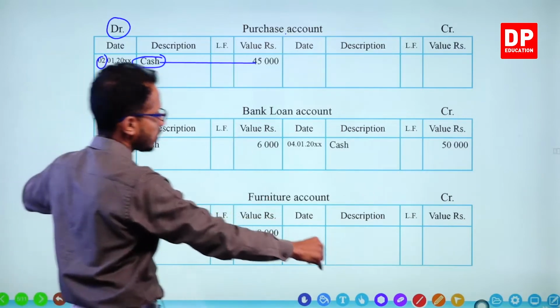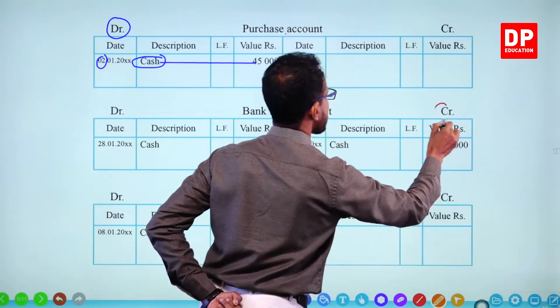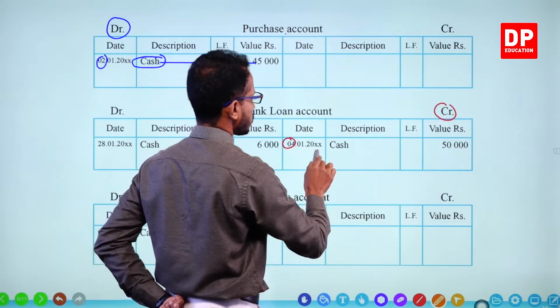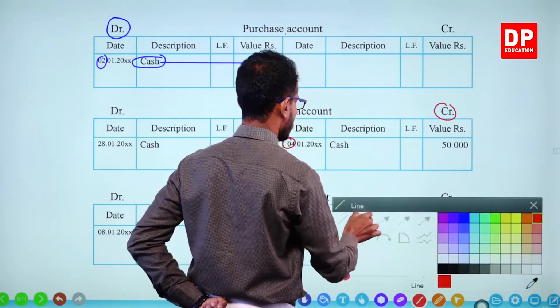Bank loan account, credit, description cash, 50,000.